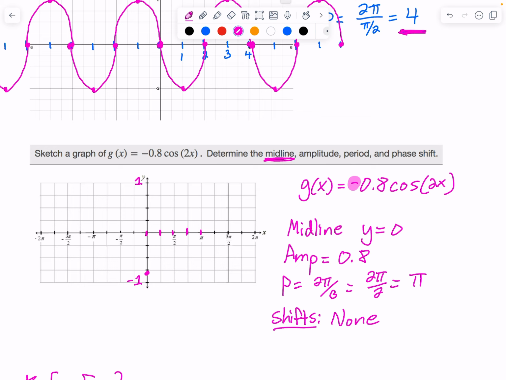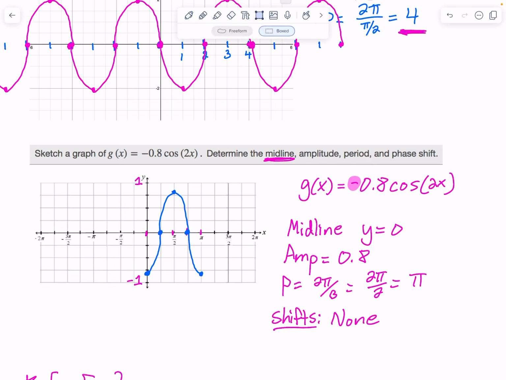Let's do this in a different color. So it's there, and then it goes to the midline, past the midline, so 0.8 up here, back down to the midline, and then finishes back where it started. So it looks something like this. So that's 1 period.